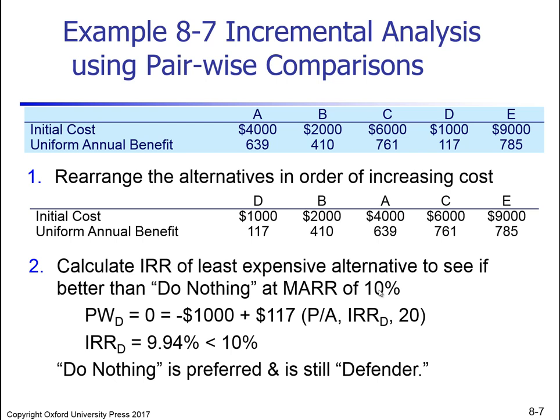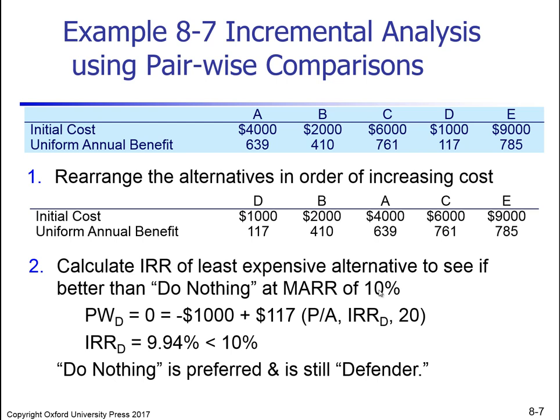What we're doing in step 1 is just rearranging those in order based upon their initial cost. So D is the lowest cost alternative. That's where we're going to start, and we're going to work our way pairwise until we're comparing to E. The first thing we're going to do is calculate the internal rate of return for D. In this case, you would generally do it for the least expensive, and we're going to see if it's better than doing nothing.